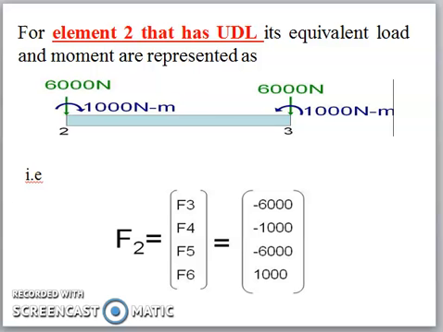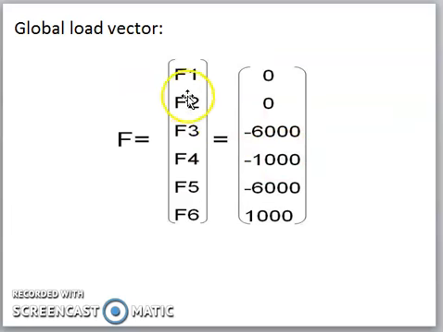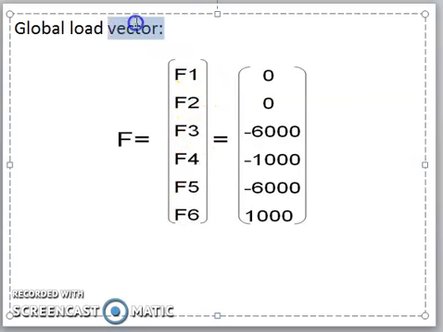F is equal to F1 plus F2, so we get the global load vector. The next step is the equilibrium equation. What is the equilibrium equation?